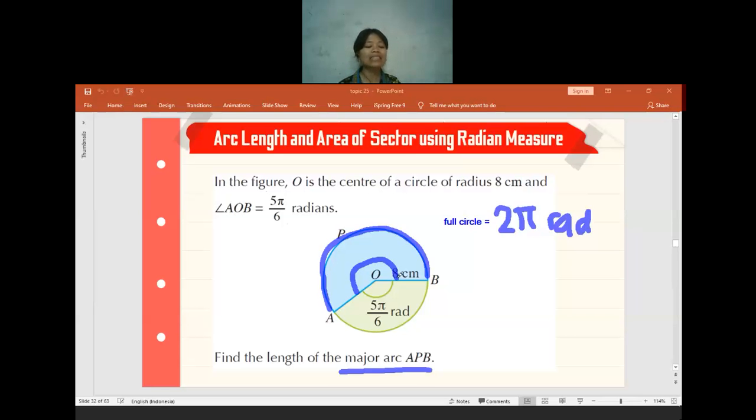The question is asking for the major arc, which means I need to take the bigger angle, the one that already has the blue line on it. If a full circle is 2 pi radian and the smaller angle is 5 pi divided by 6, how many radian is the bigger angle, the reflex angle?